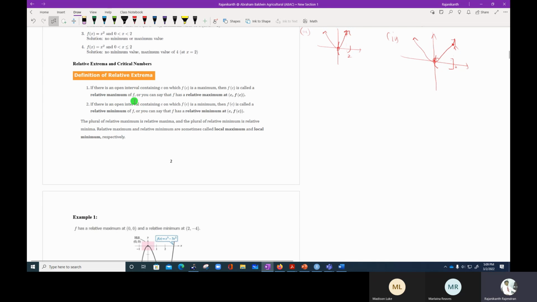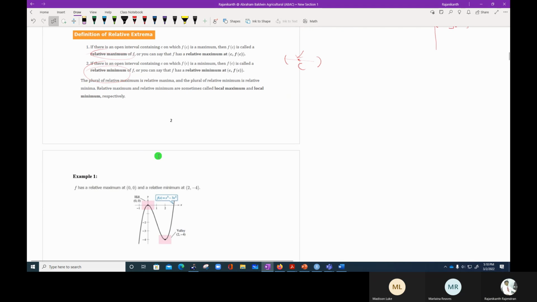Okay, so the important point is if you are talking about relative max or relative min, you are saying that you could find a point c on an open interval. There you will get either a maximum or minimum value, which is called the relative max or relative min. Some books use local max or local min instead of relative max or relative min.